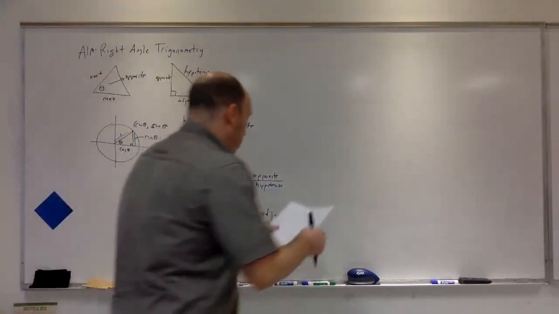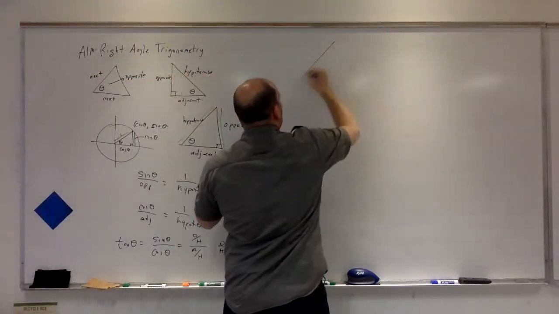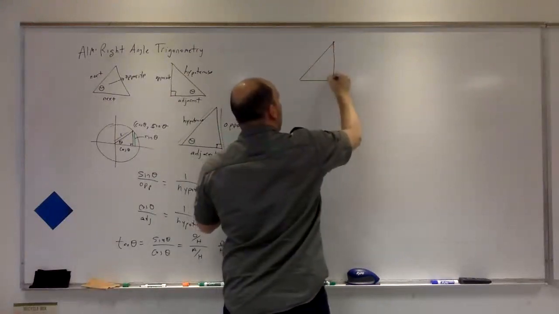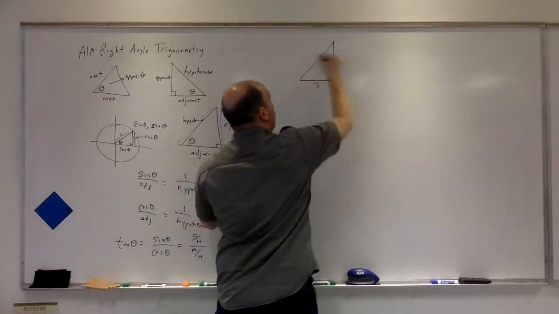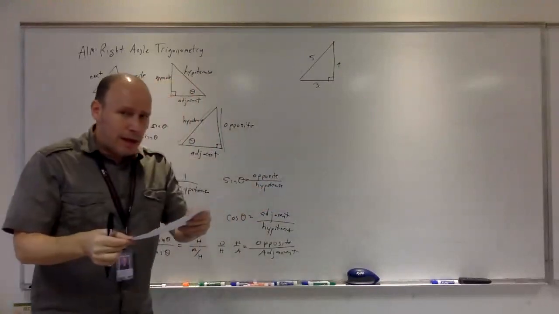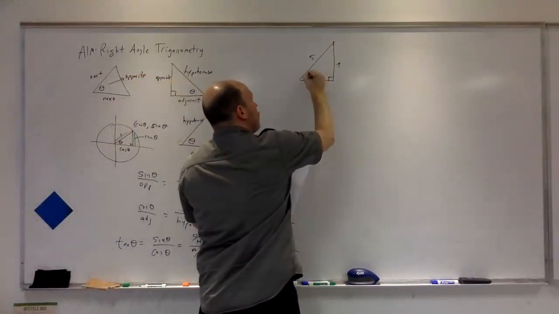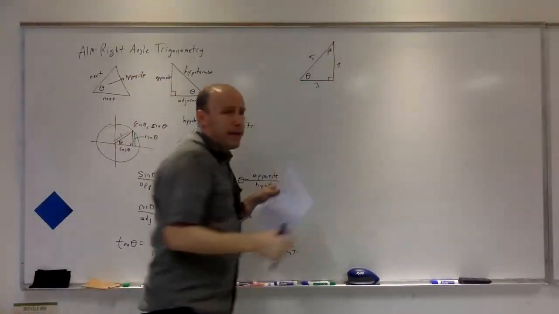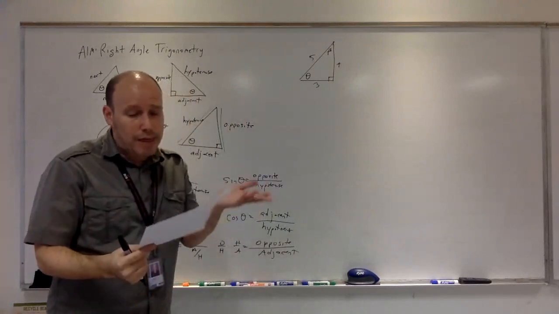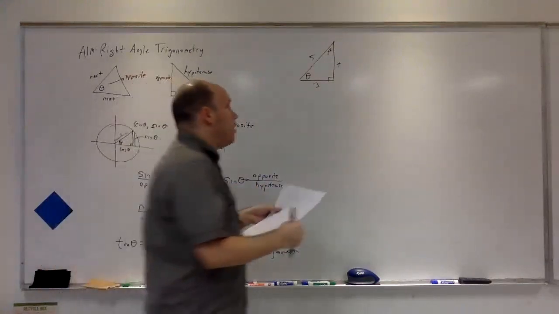So for example, let's take a look at a very basic 3, 4, 5 triangle. I'm going to call the acute angles theta and beta. You can find the sine, cosine, and tangent of theta and beta.